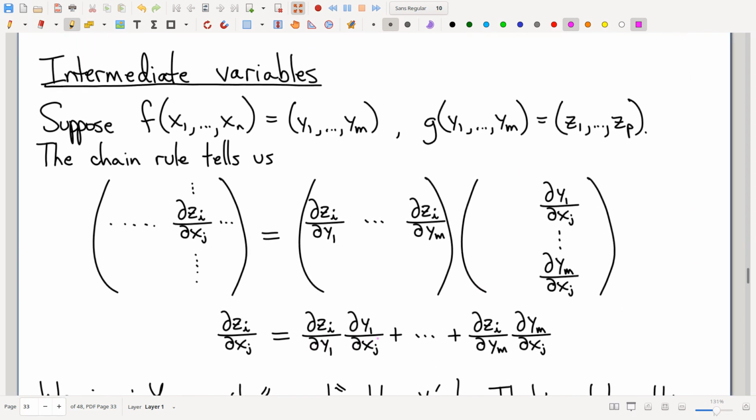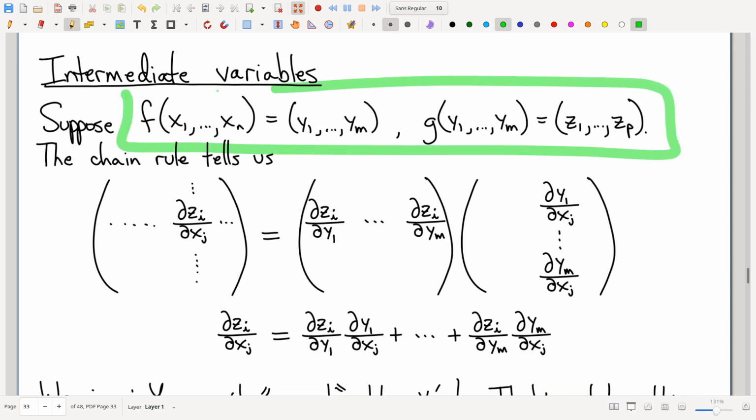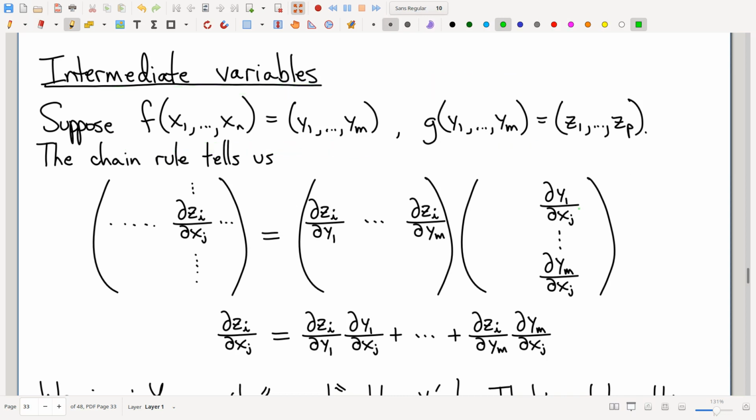And there is an alternative form of the chain rule that is very convenient in certain specific circumstances. So I'm going to introduce this idea of intermediate variables, but we're going to get to that by first recognizing that if we have a couple of functions, notice set up to be composed, because what comes out of f is what goes in to g.